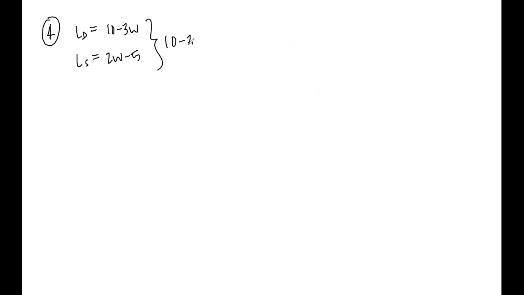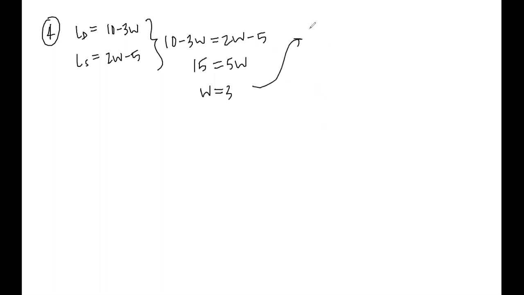So 10 minus 3W equals 2W minus 5. So adding 5 to both sides, we get 15 on the left, and then adding 3W to both sides, we get 5W on the right. And dividing each side by 5, we get an isolated W variable, which is equal to 3.